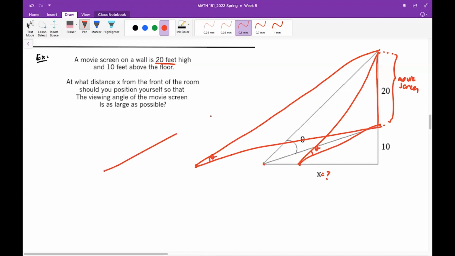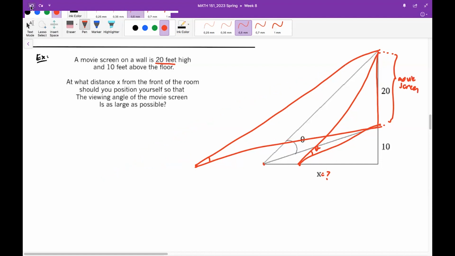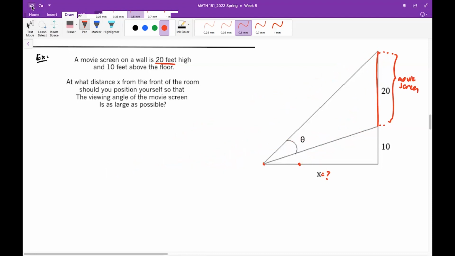You see how much it changes depending on the position of your seat? So this angle theta keeps changing depending on where you sit. We want to maximize this viewing angle. So where should we sit to maximize this viewing angle theta? This is the question.